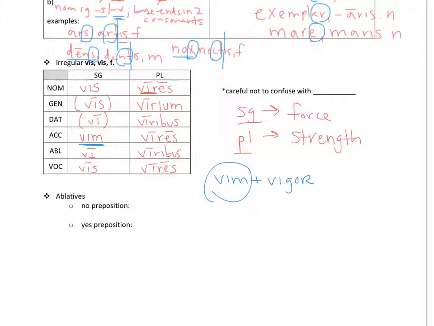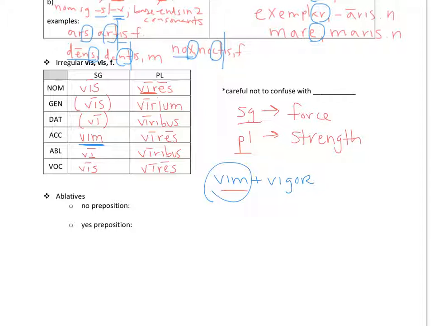Let's look at that real quick, actually. That's on page 118. You can see vis in the singular is force, power, violence, and in the plural, it is strength. We have quite a few derivatives from this, like violent, someone who is full of force and power and violence. Or like we talked about before, the phrase vim and vigor.